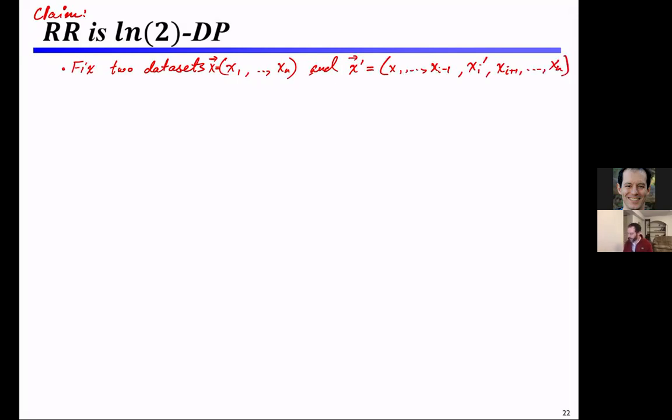So i is the position in which these two data sets differ. And for starters, we're going to fix some possible output, which is also just a list of bits.